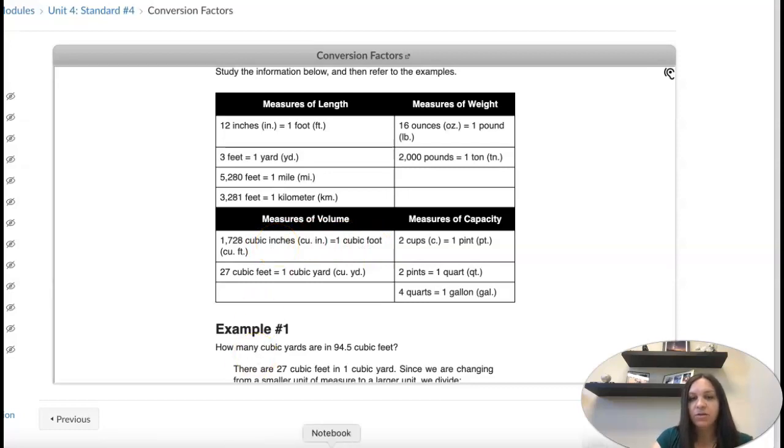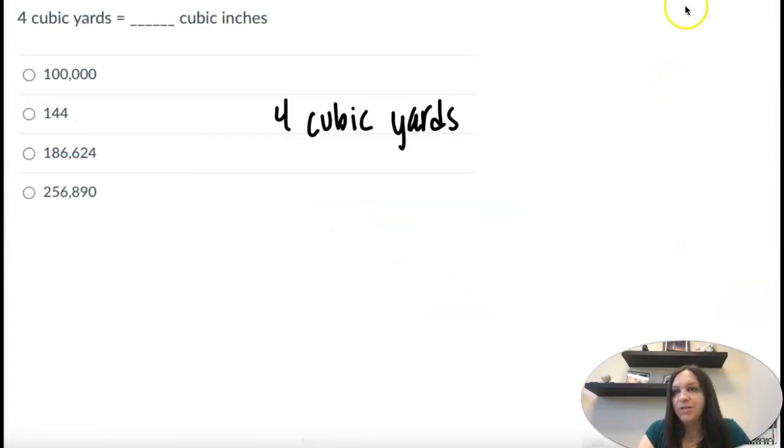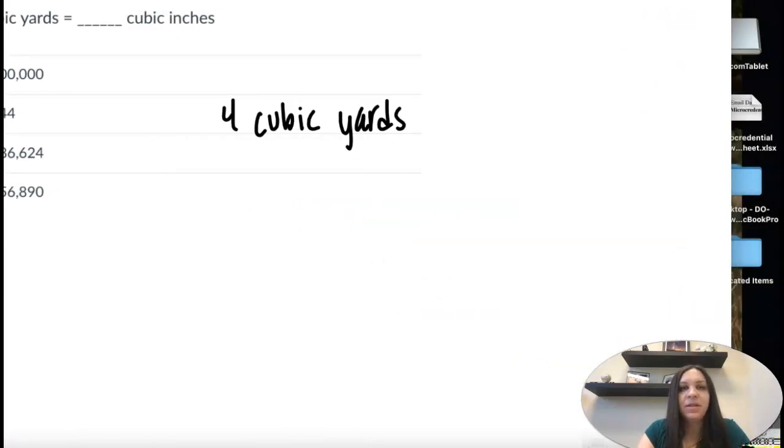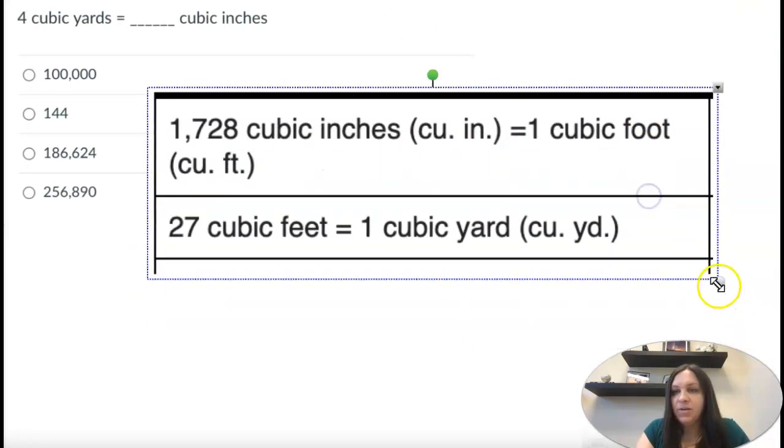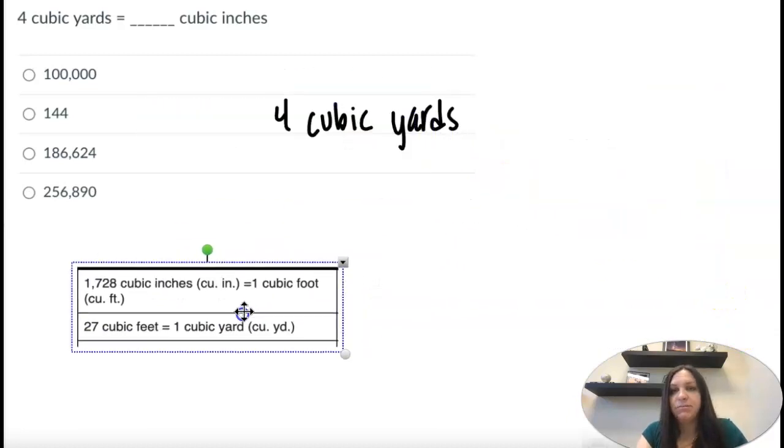All right, so let's use that one. I'm just going to copy this in so I don't have to keep going back and forth. So what we're going to do is set up a fraction. Don't freak out.